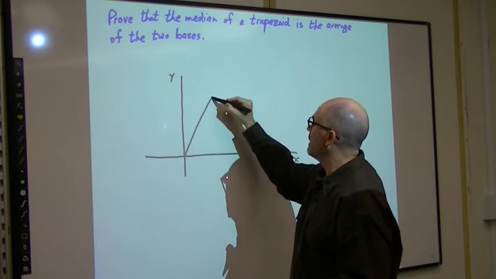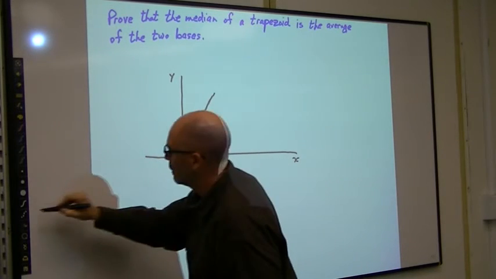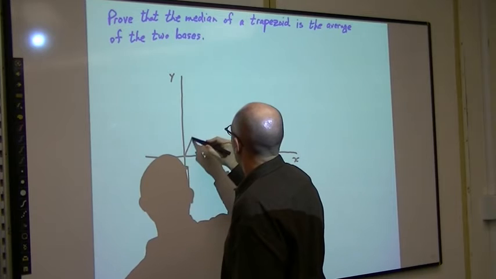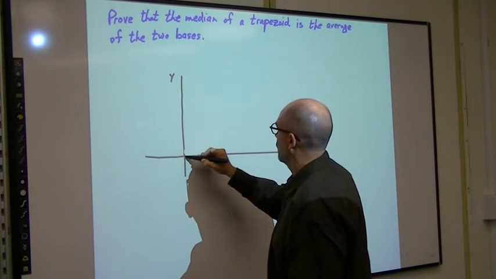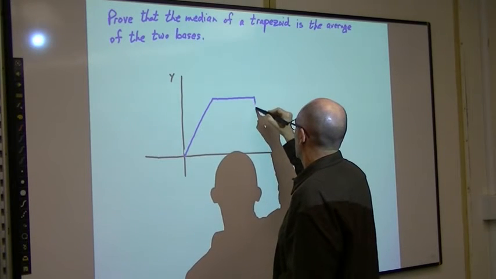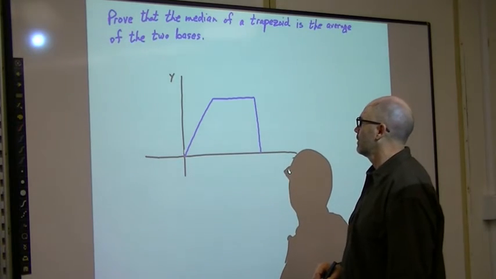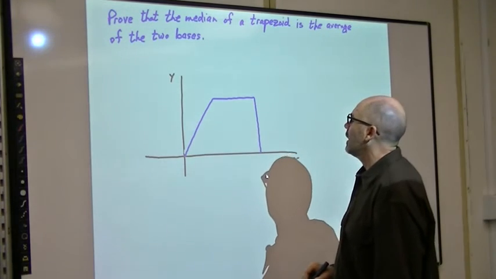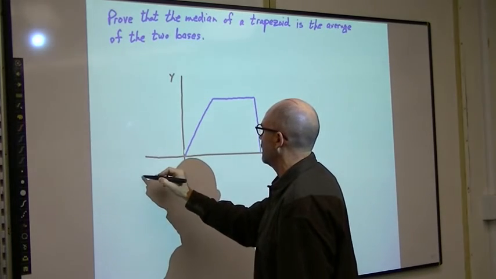So we're just going to make, that's supposed to be blue, how embarrassing. There's our trapezoid. Now, we'll call it A, B, C, D.